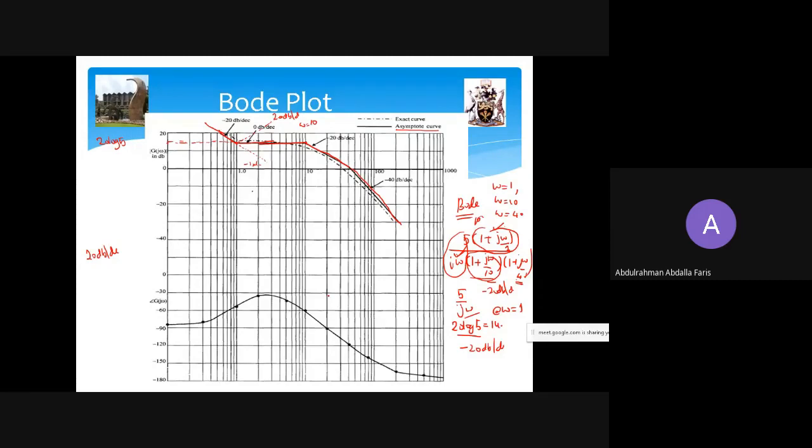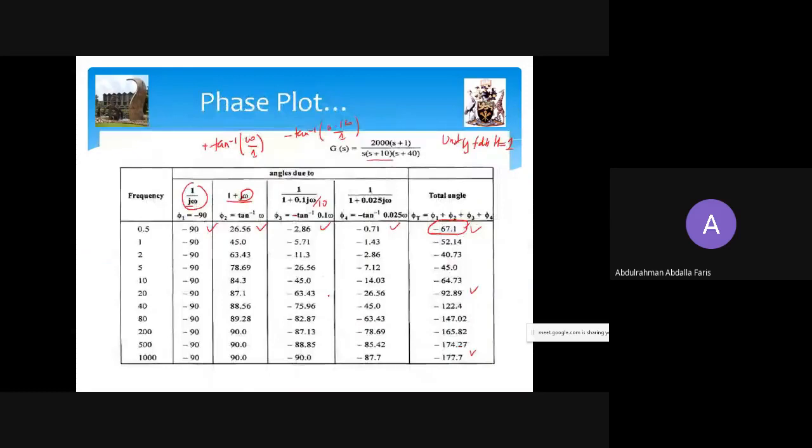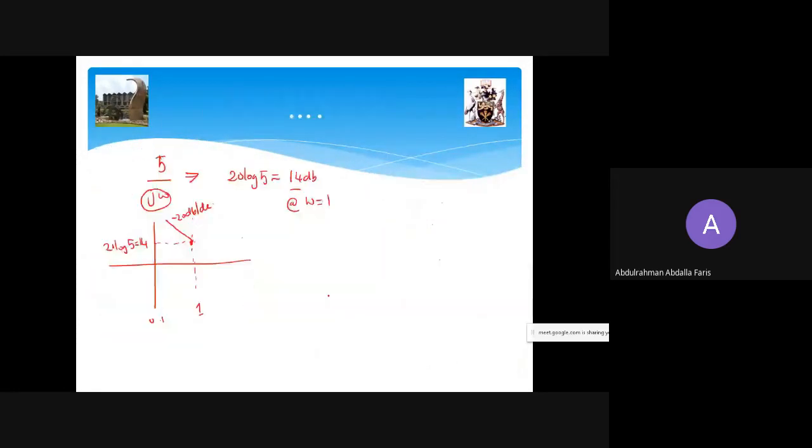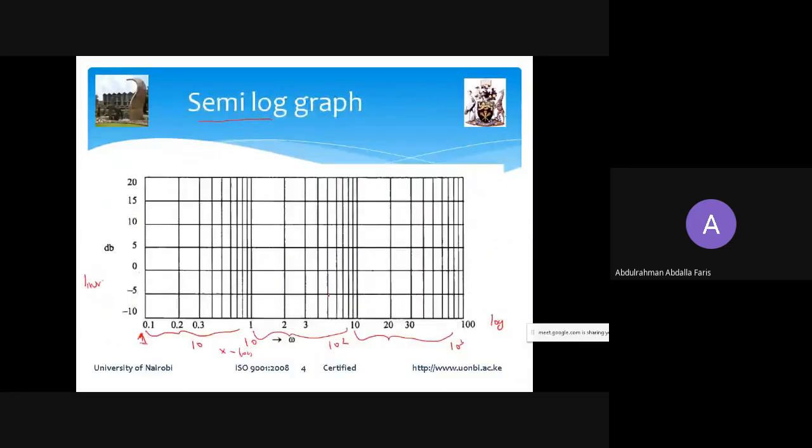You can try and plot. Another thing which is very helpful, that I saw in some books: on the semi-log graph, they first plot a line like -20.